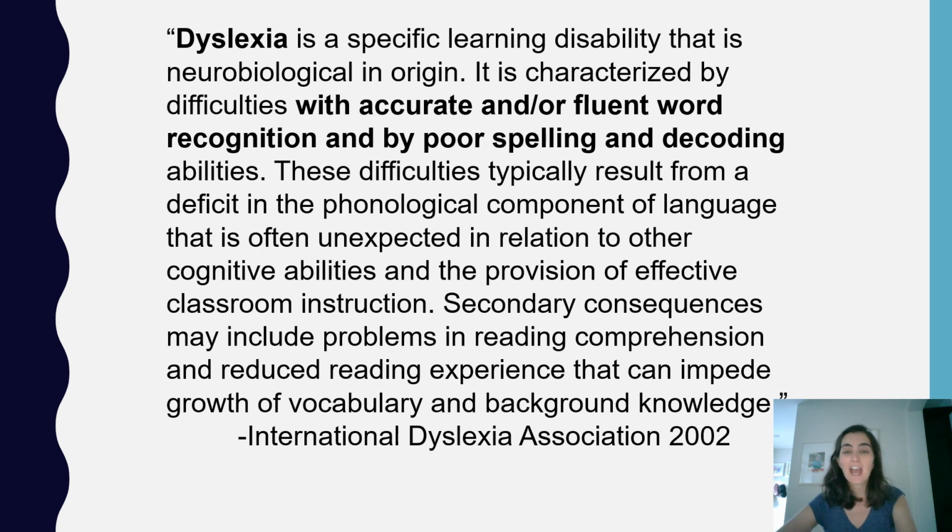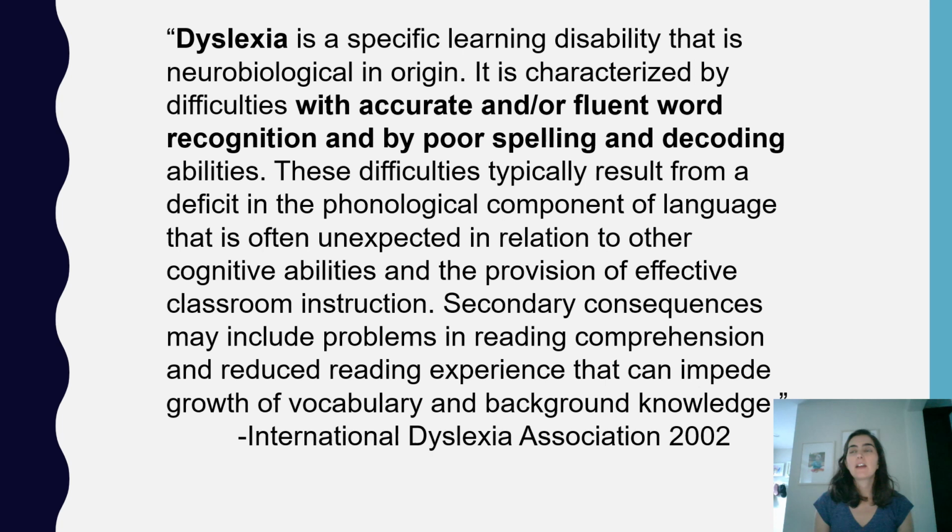dyslexia being difficulties with accurate and/or fluent word recognition and by poor spelling and decoding abilities. So we hear a few different things there. This is where you can see the different shades of dyslexia. And I think this is one of the reasons teachers might miss the opportunity to diagnose someone with dyslexia, because it looks different. We could have a child with oral reading fluency at benchmark, but their spelling is horrific.